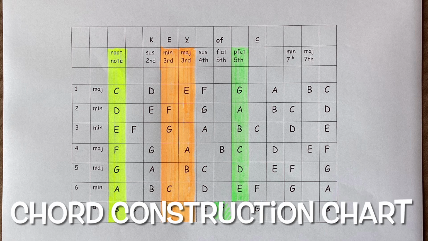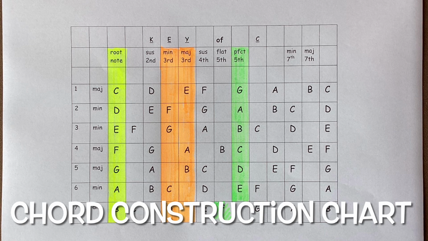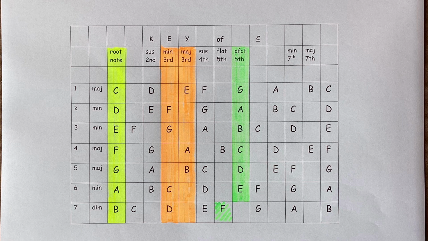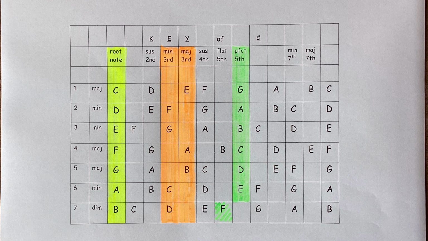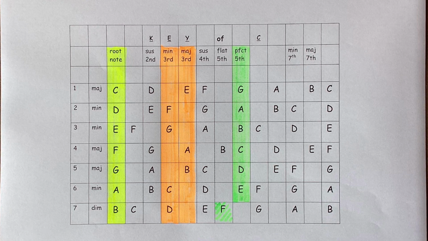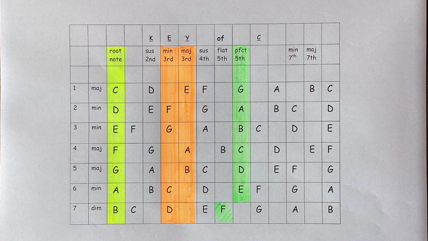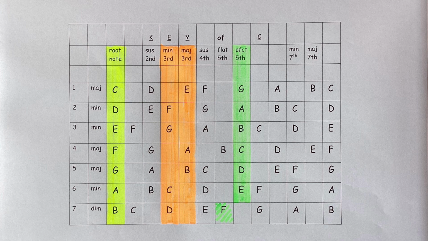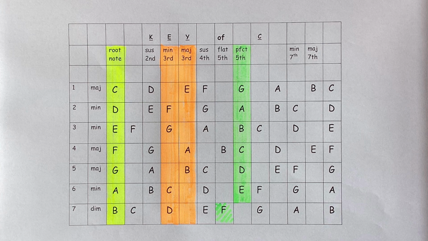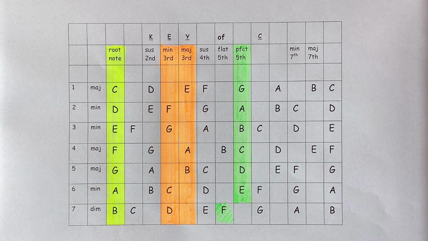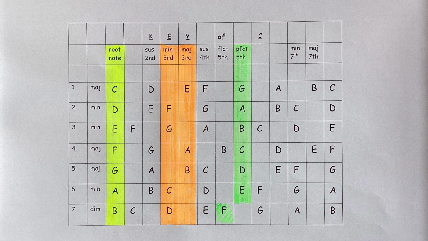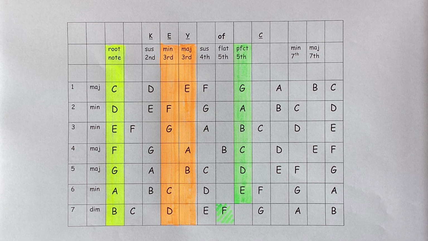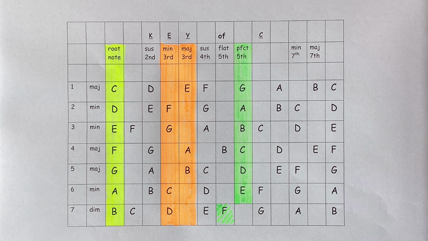All right, well, this is our main diagram for today. Now, having written those 7 notes out vertically, so that's in the yellow column there, C, D, E, F, G, A and B, we're now going to build a chord on each one of those notes, and those 7 chords will be collectively called the key of C. So the C major scale also shows which chords are in the key, which notes we need to make each chord, but first we need to write out the C major scale horizontally as well.